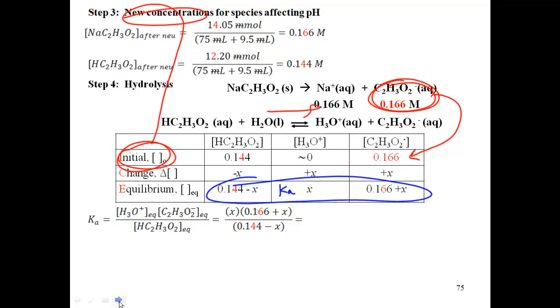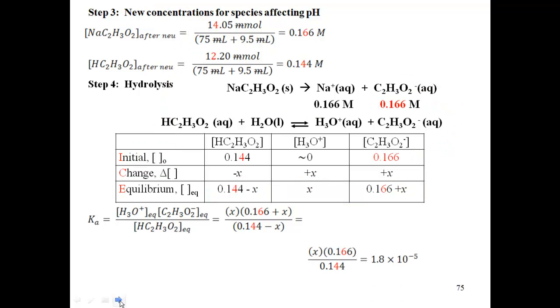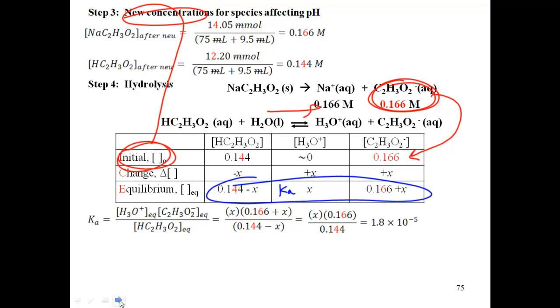Once again, this is a buffer, and we have similar concentrations within the power of 10. Therefore, I can simplify my math and get rid of my plus X's and minus X's, which then gives me X times 0.166 divided by 0.144 equal to 1.8 times 10 to the negative 5th.